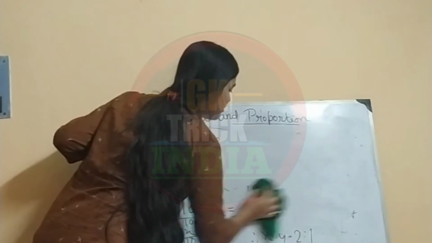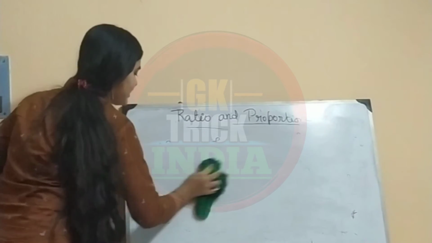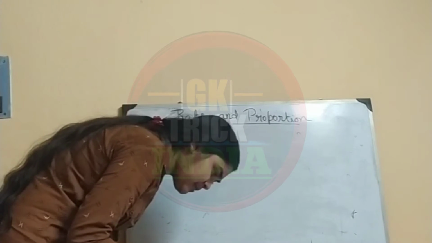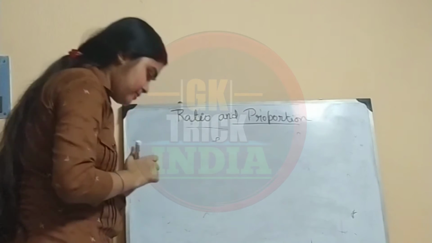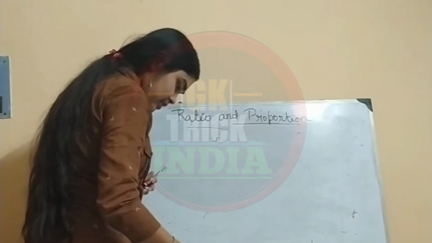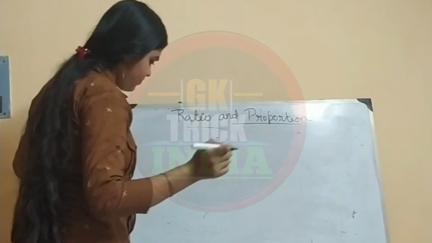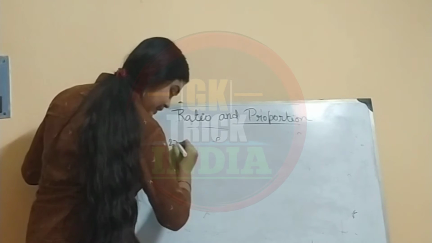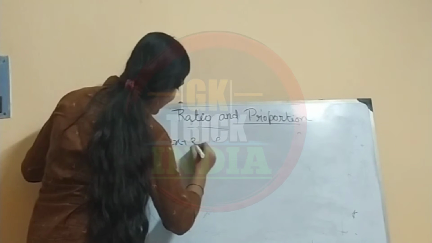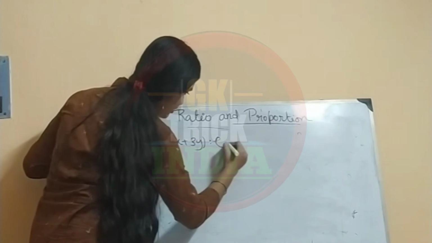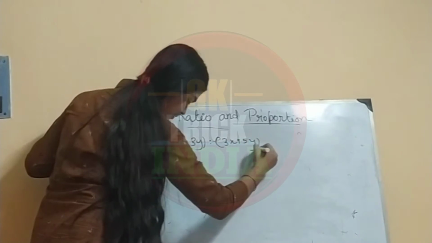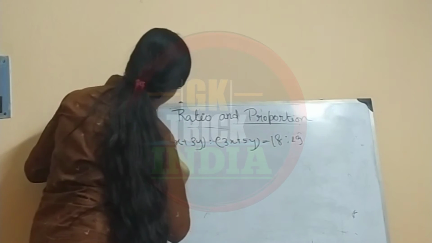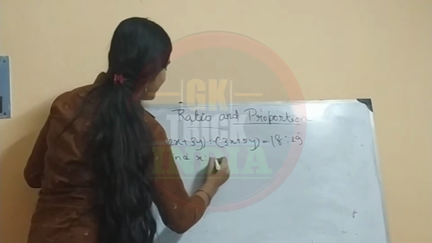Okay, it's very simple. Let me give you one more example of this type of maths, but a bit harder. Let us check this problem. If 2x plus 3y is to 3x plus 5y equals 18 is to 29, find x is to y.